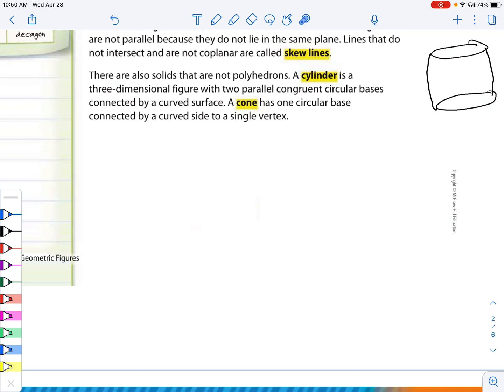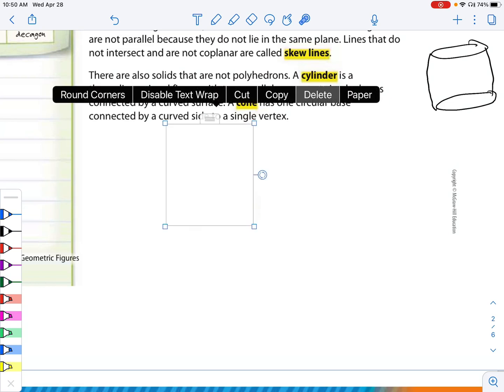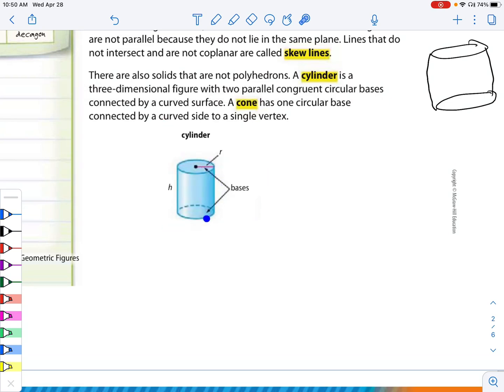Another solid that's not a polyhedron is what we call a cone. It has one circular base connected by a curved side to a single vertex. A good example of a cylinder is right here. These are your two circular bases, and this is the curved surface.